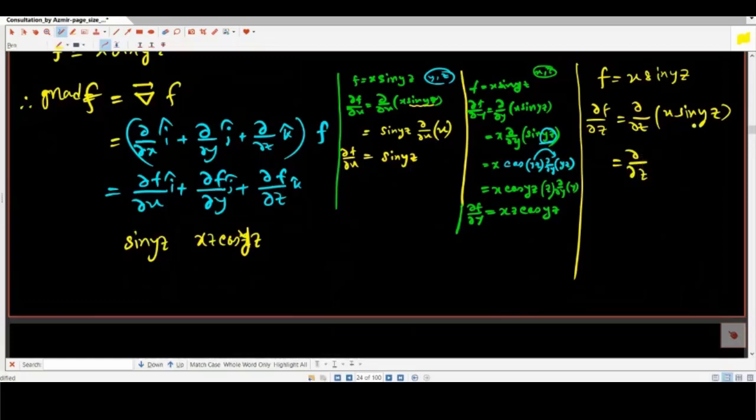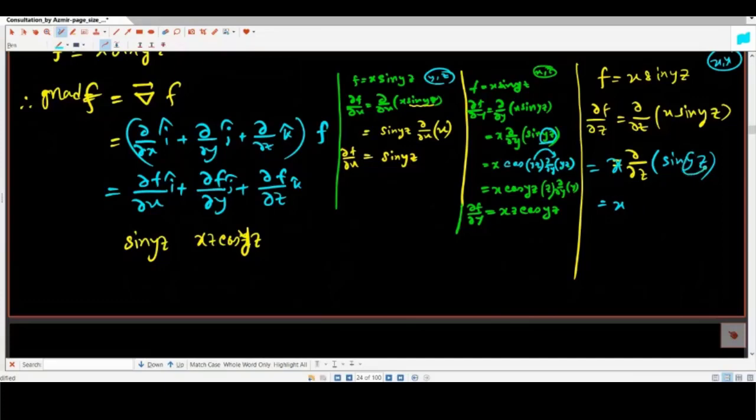Since we are doing the partial derivative in terms of z, x and y are constants, so x can be pulled out, but y can't be pulled out because y and z are together inside the sine. So we have x times d/dz of sine yz.